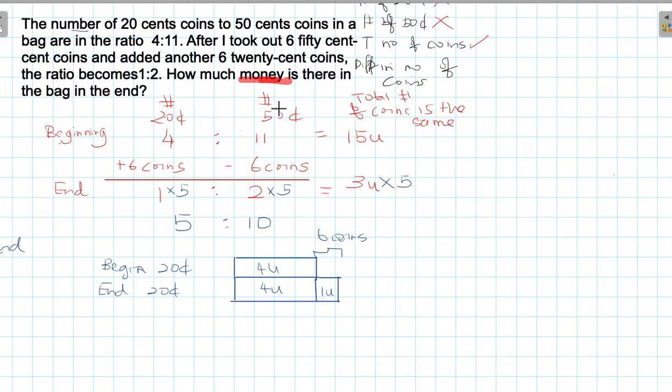Likewise, if you were to do the same for the 50 cent one, the beginning of 50 cent and the end of 50 cent. You realize that the beginning is actually 11 units, right? And the end, you have 10 units.